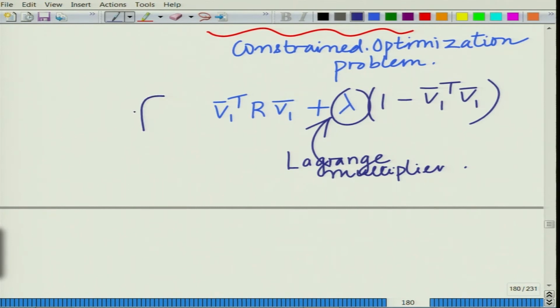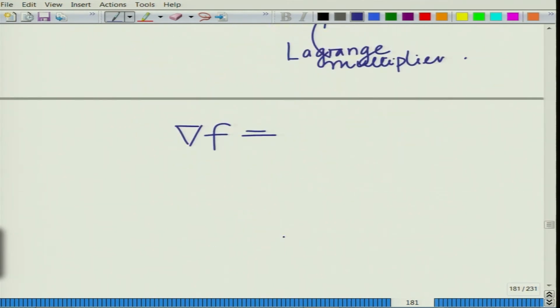So, this is your Lagrangian, and now you find the gradient of the Lagrangian. I am just giving you the key steps because this is a very interesting problem that arises frequently.